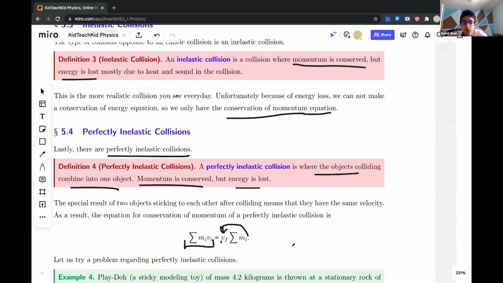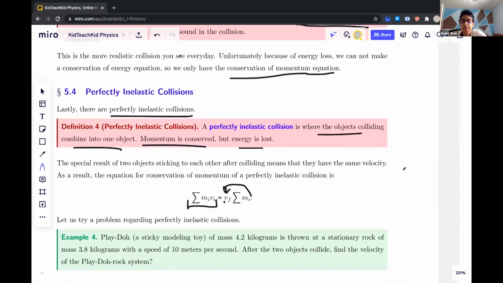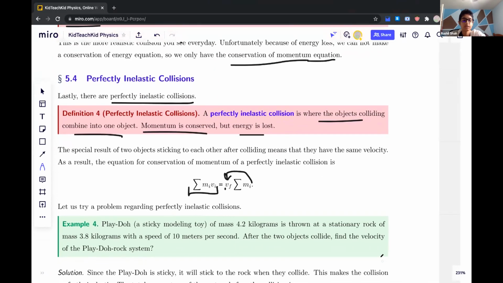Okay, so let's try a problem talking about perfectly inelastic collisions. So if you guys could try example 4. I'll give you around 4 minutes, I would say.